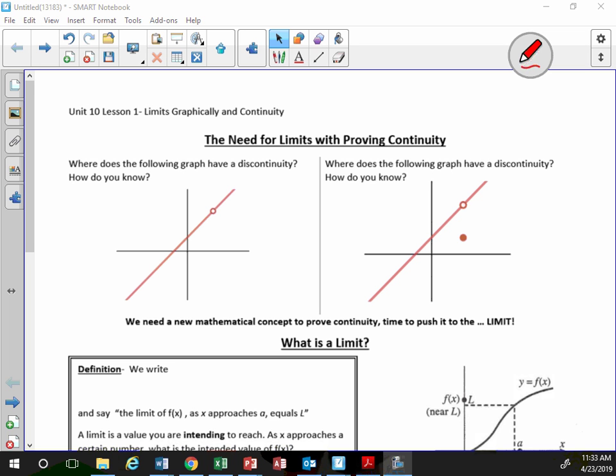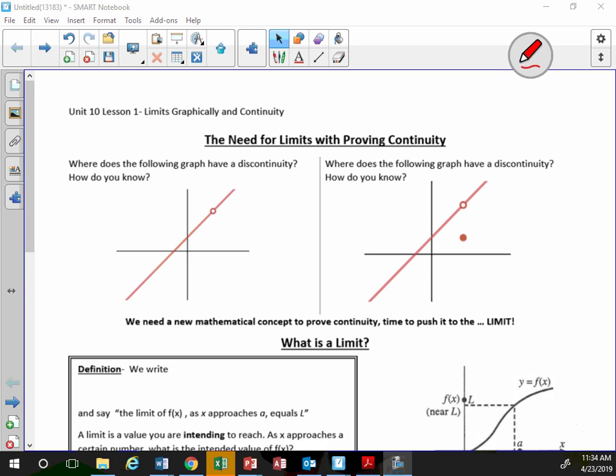All right, guys. So first, looking at the first graph over here, we're going to talk about continuity first. Do you guys know what a discontinuity is? Like a hole, not continuous. So if you were to trace this graph with your pencil, you'd have to pick your pencil up at some point, right? If you have to do that on a graph, then there's a discontinuity.